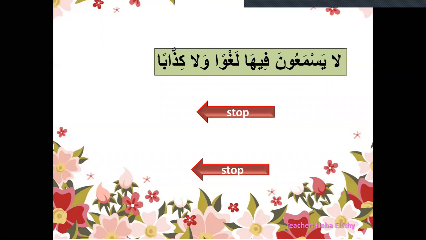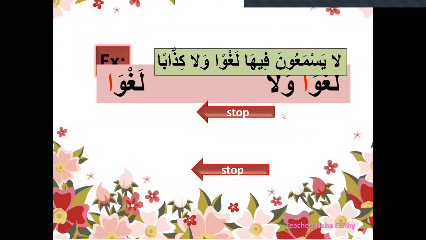Another example here: لا يسمعون فيها لغوا ولا كذابا. I have لغوا with تنوين فتح here, and I have كذابا with تنوين فتح here.